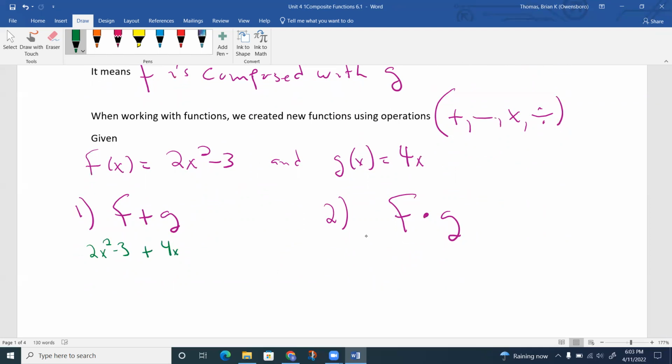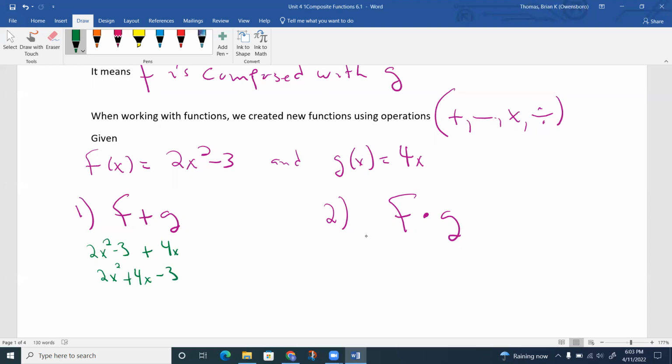There really aren't any like terms, but we can rearrange the terms from highest degree to lowest degree. The quadratic term, 2x squared, comes first, then the linear term, 4x, and the minus 3 behind that. So that would be f plus g.